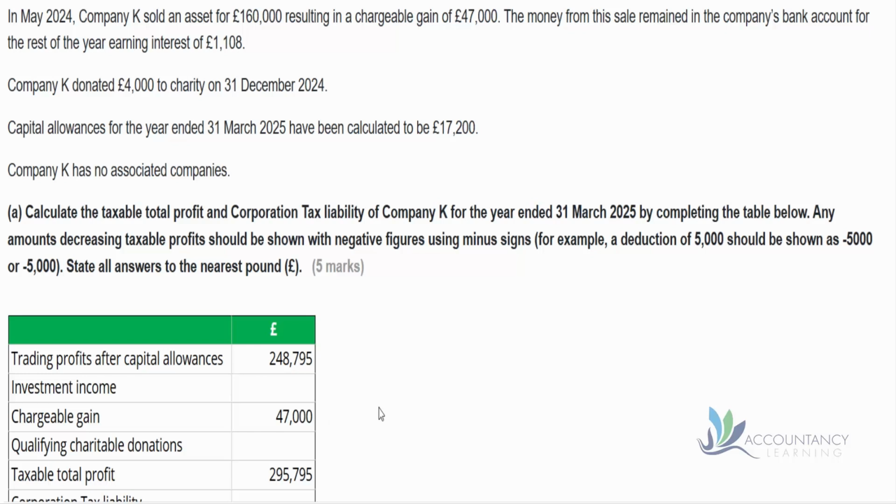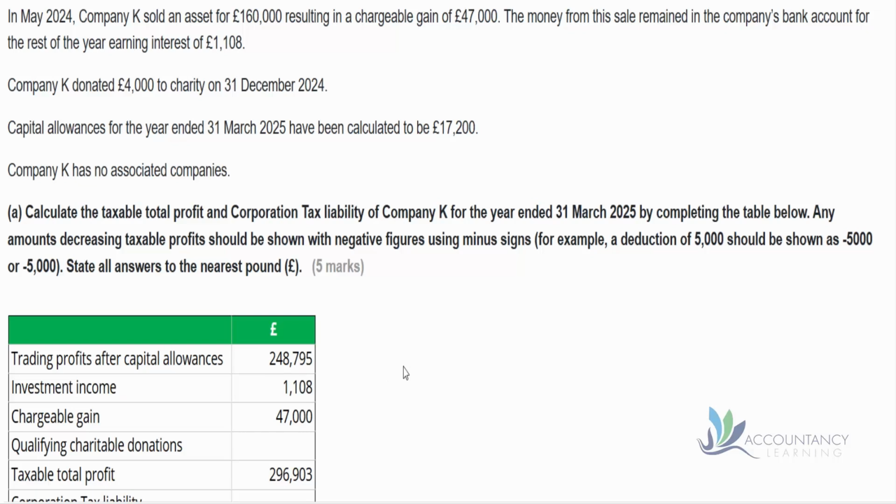Again, we may need to adjust it when we get more information in a moment, but we don't know. We're also told the money from this sale remained in the company's bank account for the rest of the year, earning interest of £1,108. Well, that's investment income, so let's put that number in. Again, notice here that the information in the question is not in the same order as the answer.